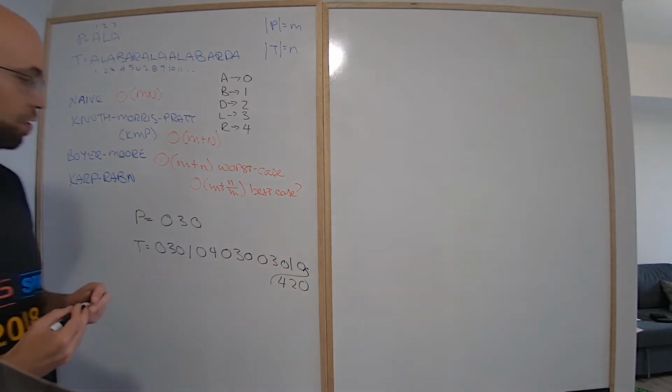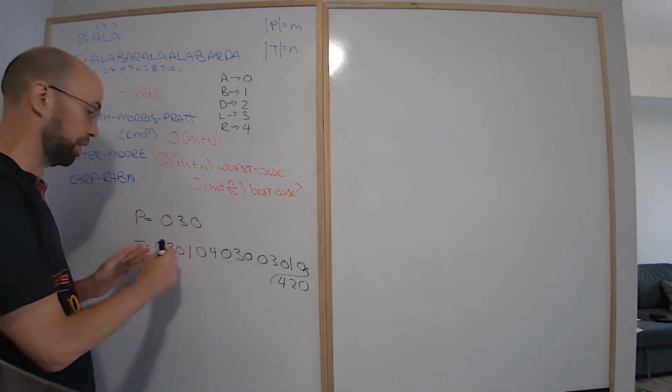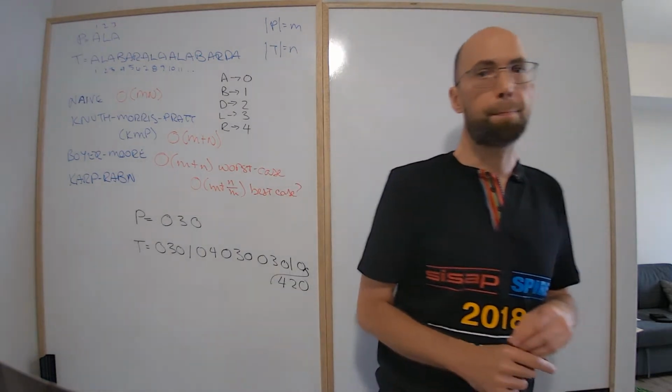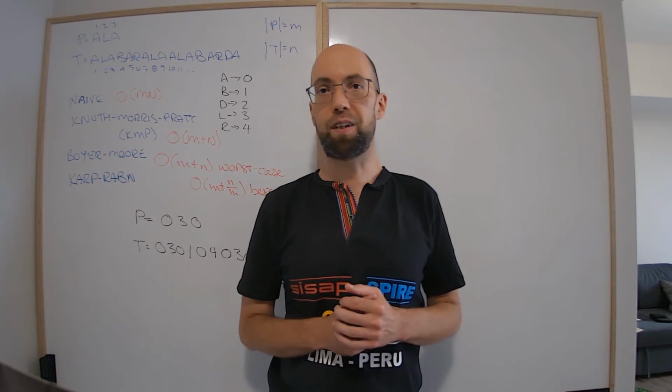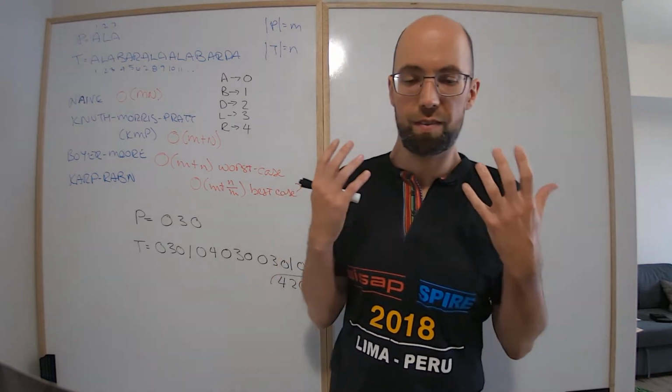Okay, so now I'm looking for 0, 3, 0 in this string, which is the same thing. I haven't really done anything. So why does this help? Well, because Karp-Rabin uses hashing on numbers.